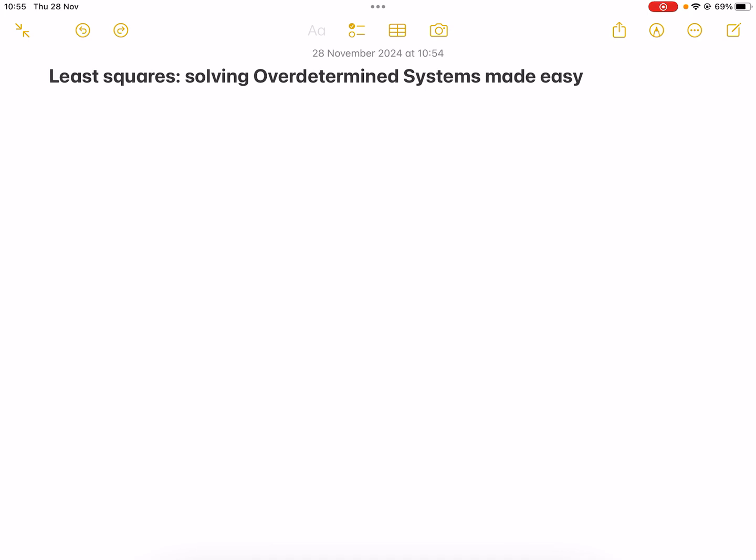So here's the system we are going to work with. x plus y equals 2, x minus y equals 0, and 2x plus 3y equals 7. This is an overdetermined system because we have 3 equations but only 2 variables, x and y.